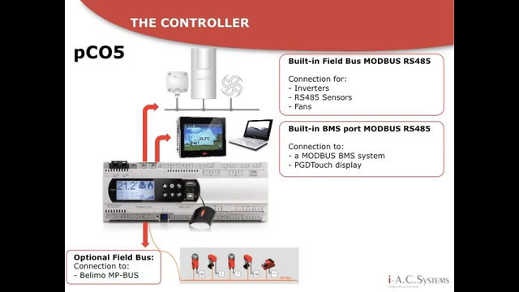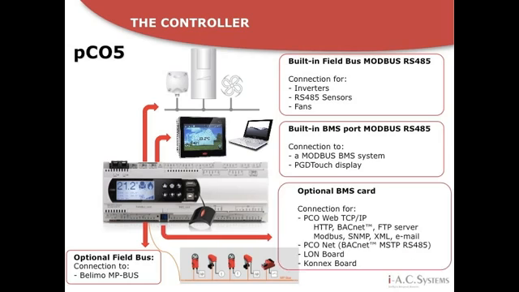The same 2 optional plug-in serial connections of the Pico 3 are also present on the Pico 5. The first one is available for an integration with the Belimo MP-Bus actuator. This can control up to 8 actuators on this serial link. The second optional serial line is for a BMS integration.